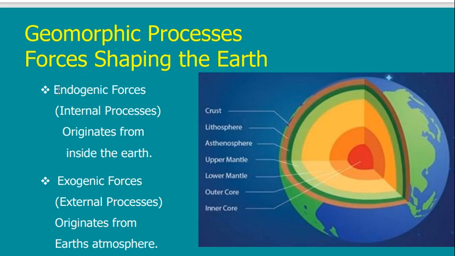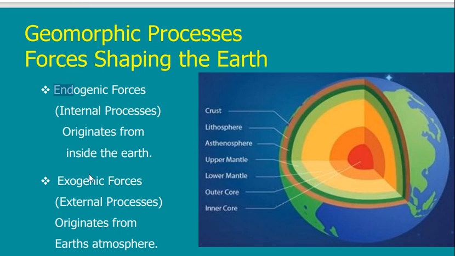There are two kinds of forces that affected the surface of the earth, or the earth as a whole, and shaped it. These are called endogenic forces and exogenic forces. Endo, in Latin, means internal.